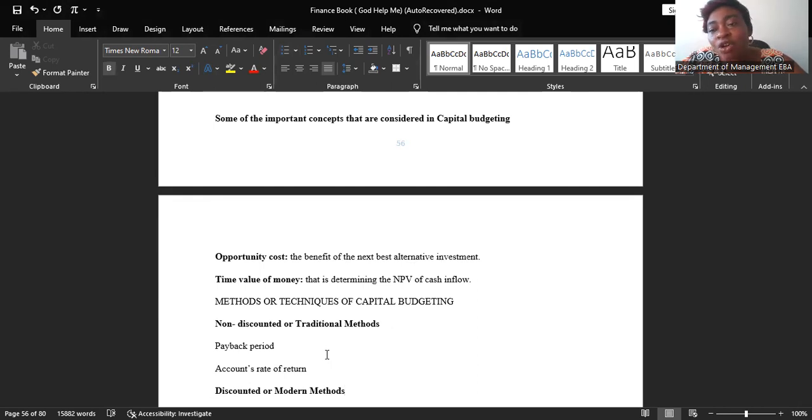Then we have time value of money. When we are talking about time value of money, we determine the NPV of cash flows. How do you get NPV? NPV is the discounted cash inflows minus cash outflows.